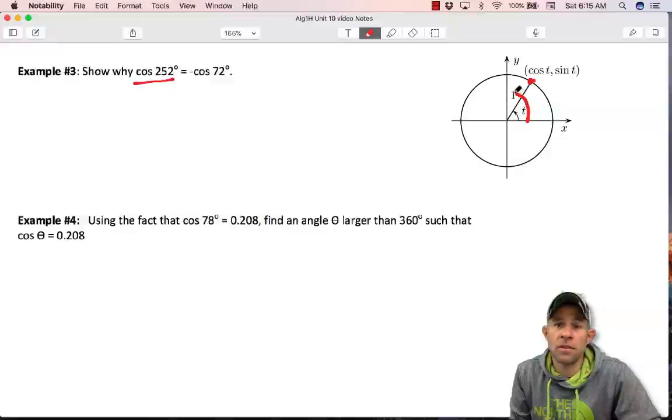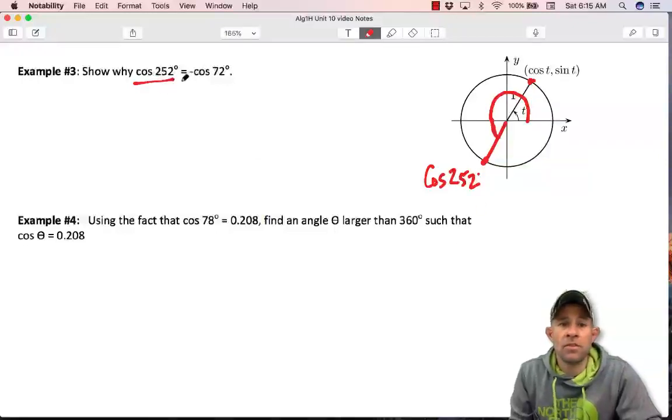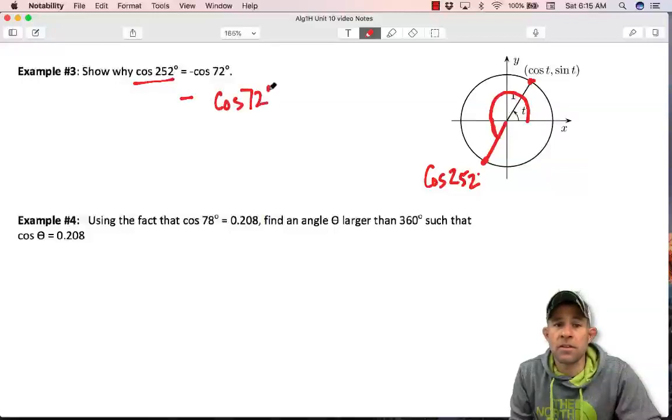So it says to show why cosine of 252. If I come here, this is 90 degrees, here's 180. 252 should lie somewhere down here in my third quadrant. So if I connect that point here, I'm going to write out cosine of 252 degrees. Now it says show why it's equal to the opposite value of the cosine of 72.